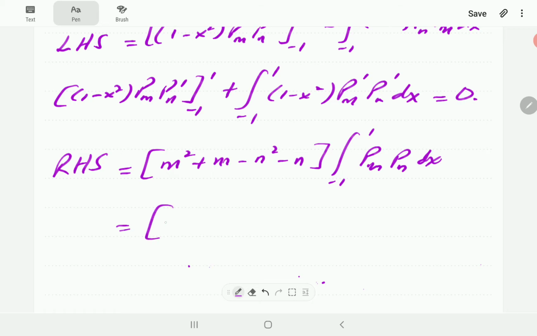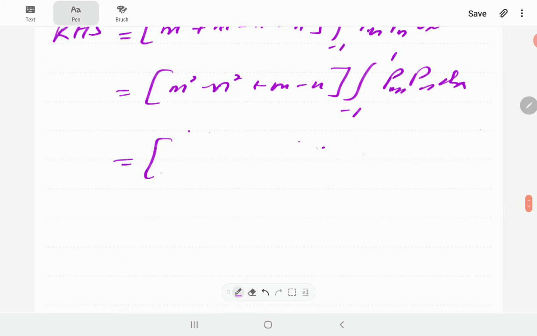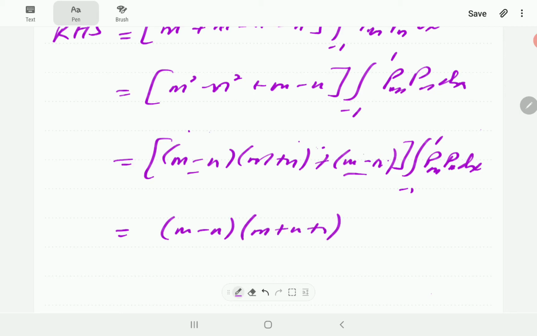So this is going to be m squared minus n squared plus m minus n, which we can factorize. So we're going to have (m minus n) into (m plus n) plus (m minus n). So m minus n we can cancel out. So we're going to have (m minus n) into (m plus n plus 1).